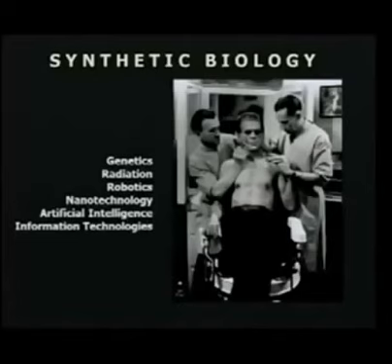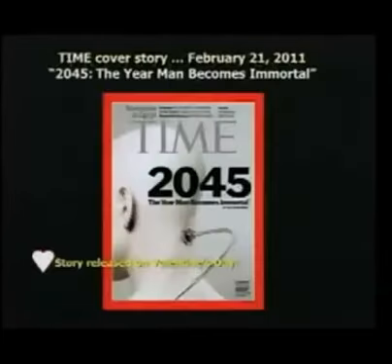The field of synthetic biology is a new frontier of science. It draws from biochemistry and biomedicine, genetics, robotics, radiation biology, and information technologies. Using nanotechnology, its goals are to improve and transcend the limits of nature. On February 21st of this year, Time magazine had a feature story on the singularity, the term signifying the merging of man with machine.